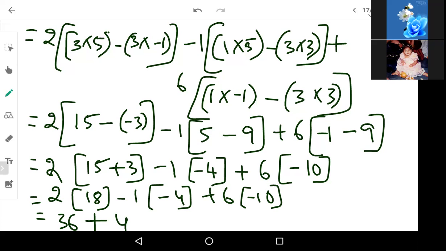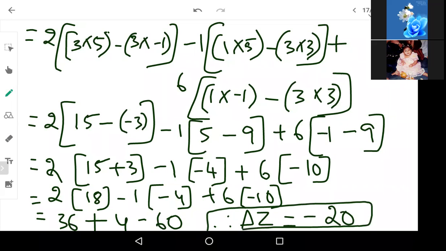Then 6 into 10 is 60, but it is minus 10, so minus 60. So therefore, delta z is equal to, can you add all of this? 36 plus 4 minus 60. How much do you get? Minus 20. So this is the value of delta z.